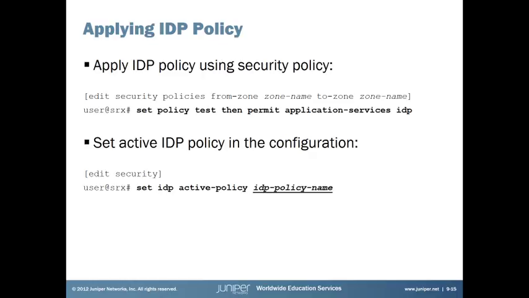Okay, so the effect of that is that the traffic that matches the policy that we have applied it to, and the traffic that is permitted by that particular policy, is going to now be evaluated by the IDP process.